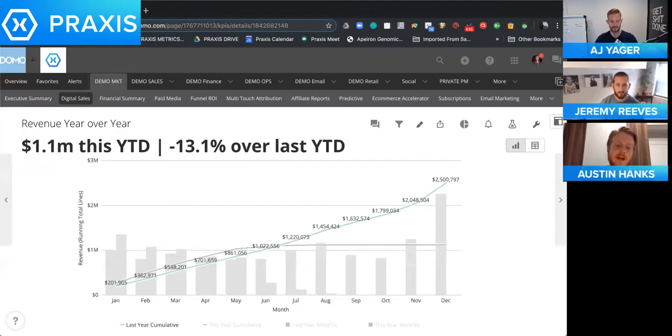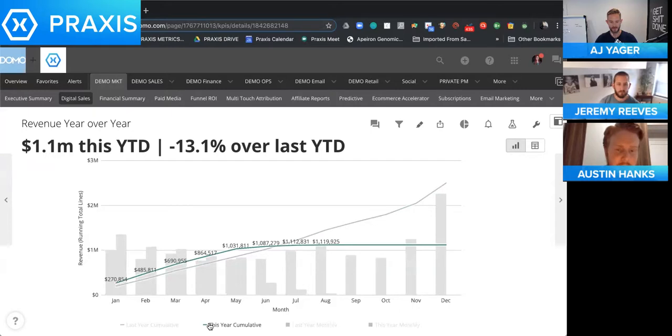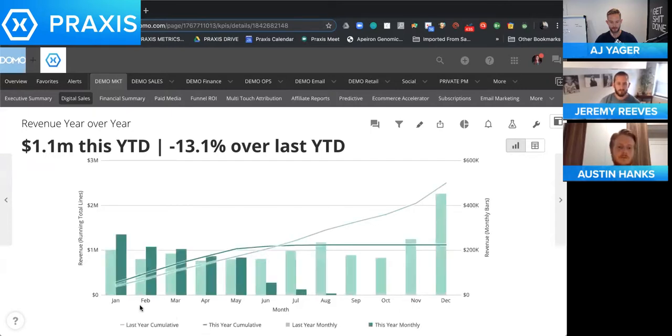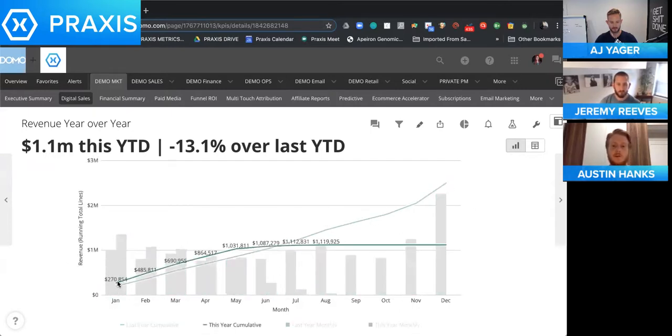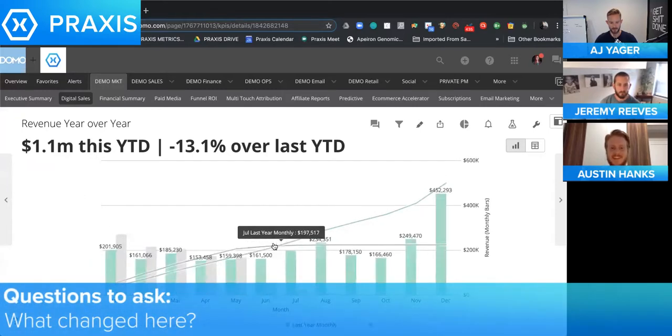And having those lines makes it so you can compare the two lines against each other for the months that are completed. And when we're looking at the start of the year data, January through May and June even, we were up year over year. So we're doing real good at the start of the year, and then something's happened right here, right?